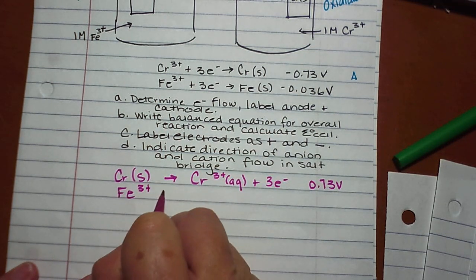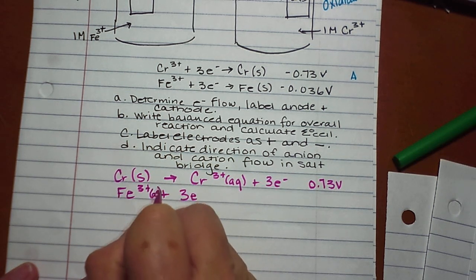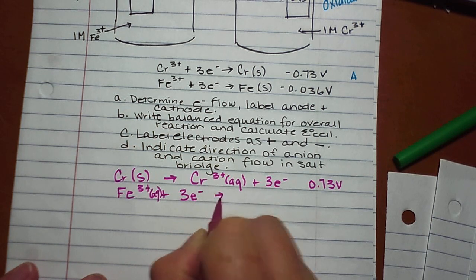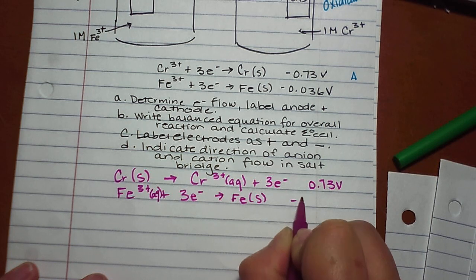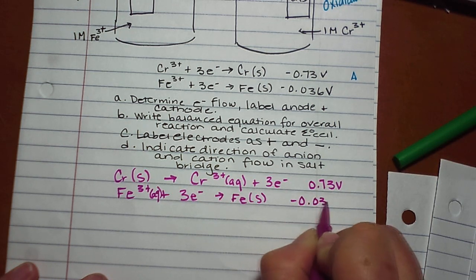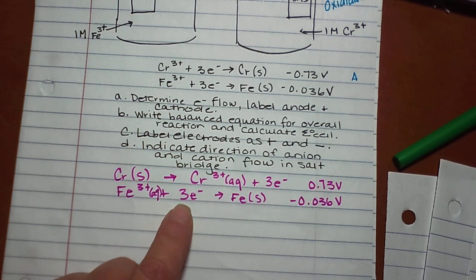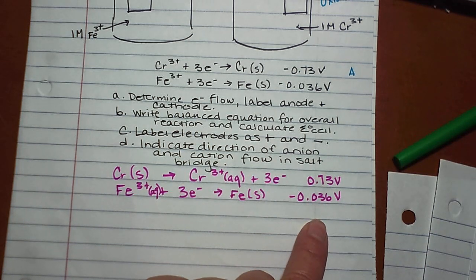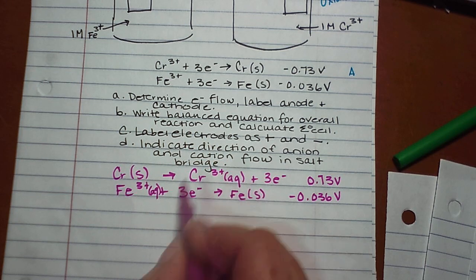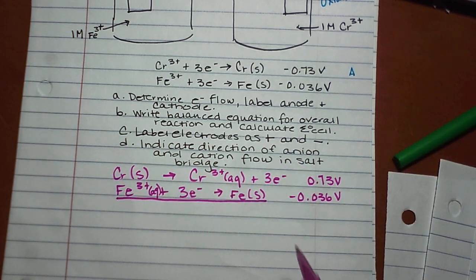Fe 3 plus aqueous plus 3 electrons yields Fe solid. And that is going to stay at 0.036. Now, the other thing I want to remind you is if I had to multiply one of these in order to cancel those electrons, I would not multiply my voltage. Voltage is not multiplied, just this is multiplied so that I can get the overall reaction.